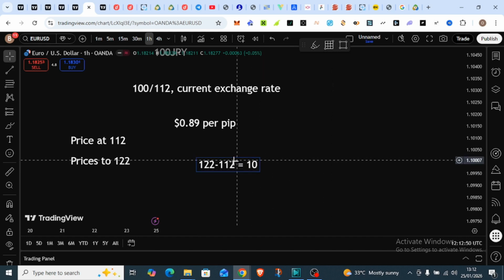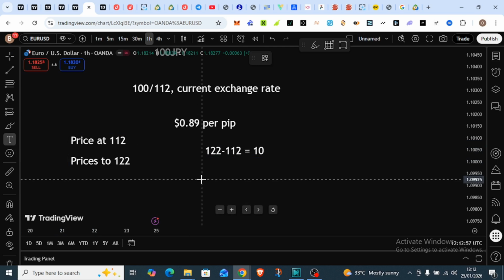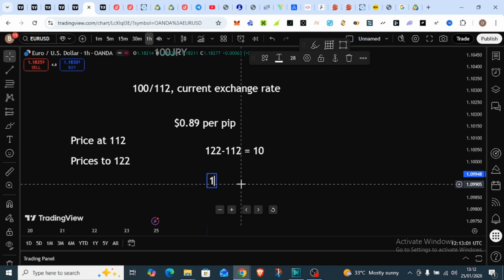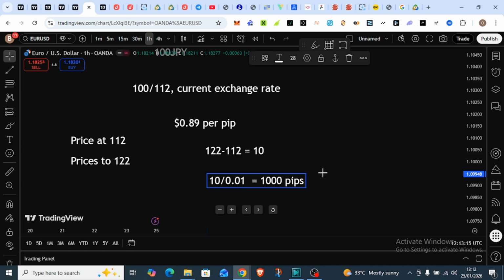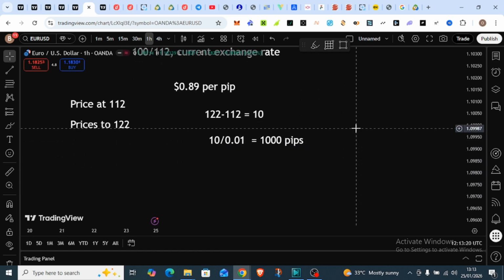And we are going to divide it by pip size, and pip size for Japanese yen pairs is 0.01, so you have 10 over 0.01 to get the pip movement. This is going to give us 1000 pips.